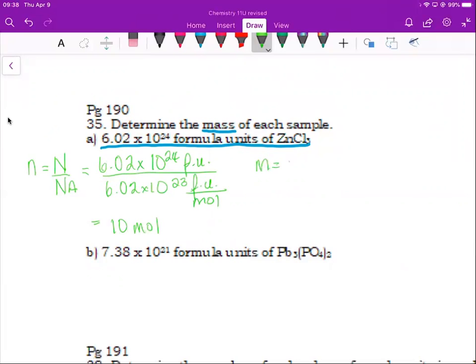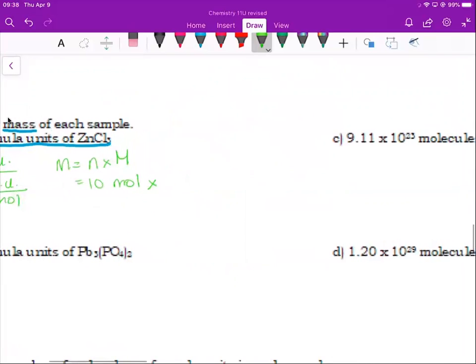Mass is going to be number of moles times molar mass. So 10 moles times, okay, let's calculate the molar mass of zinc chloride. And I actually don't have zinc memorized. So let's look at the molar mass of zinc. 65.38. And let me do chlorine.